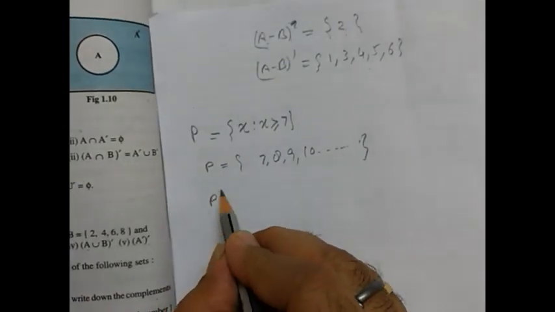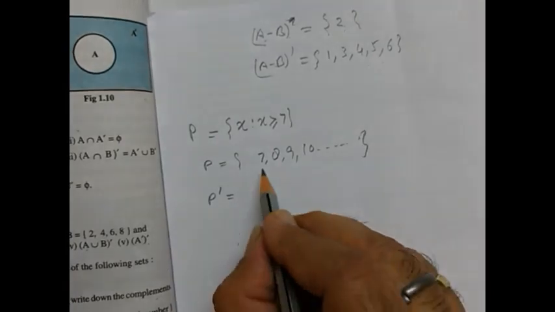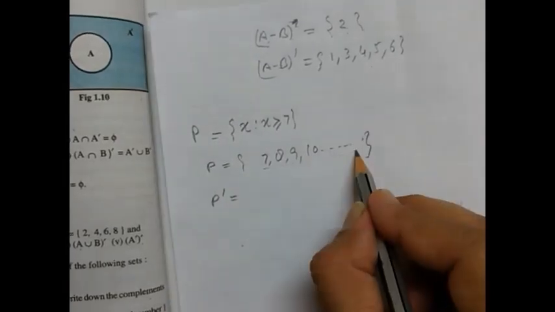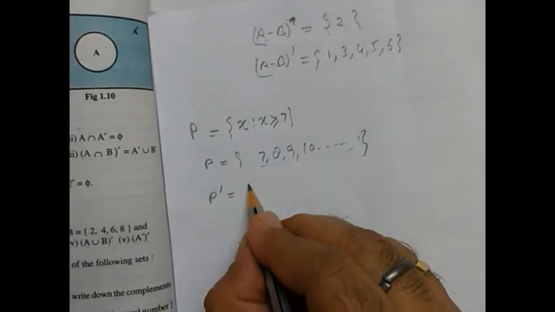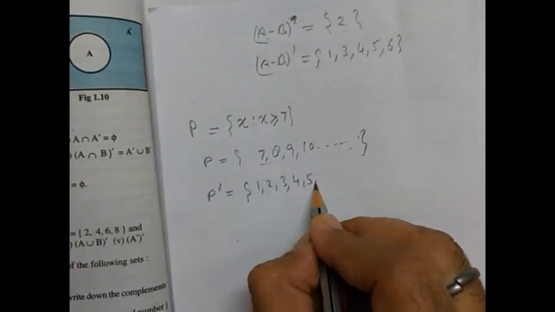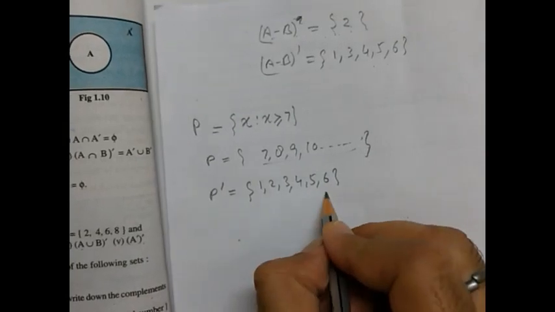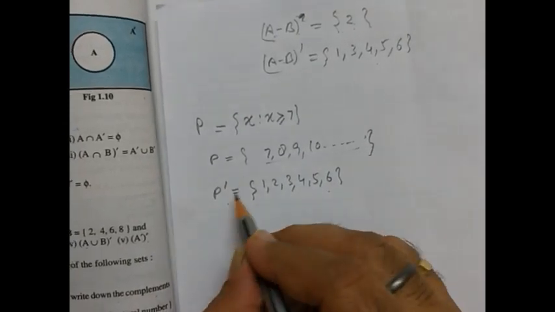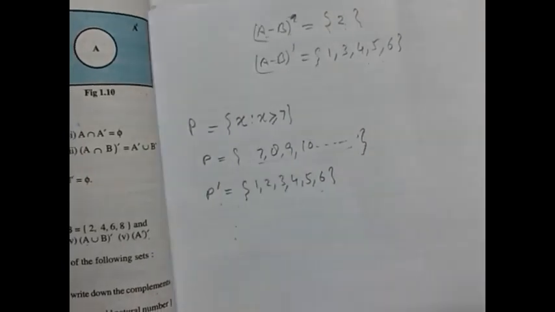When we are talking about the complement of this, that means the elements which are not present in this. So here it will be 1, 2, 3, 4, 5 and 6. So this will become your finite set, and this will be your answer in this case. I hope this thing is clear.